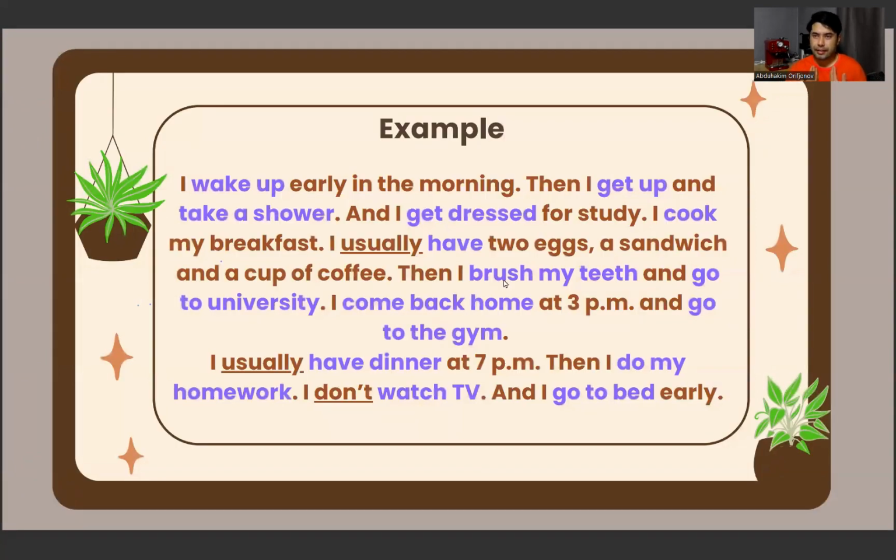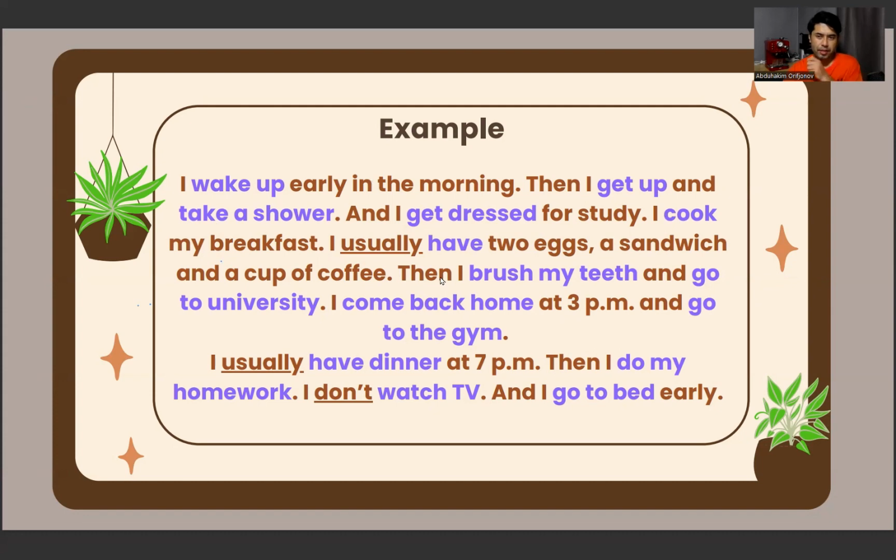Here is my daily routine, and I made it just as an example. I wake up early in the morning, then I get up and take a shower. And I get dressed for study. I cook my breakfast. I usually have 2 eggs and a sandwich and a cup of coffee.